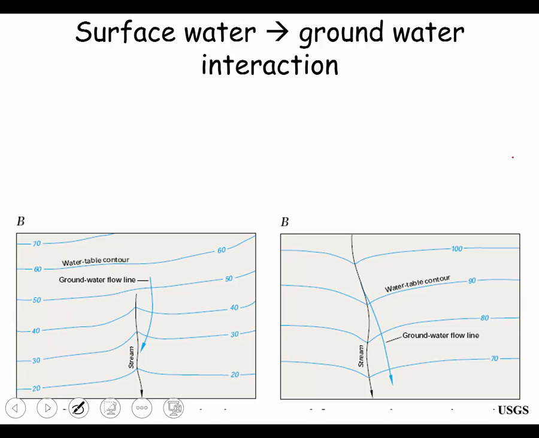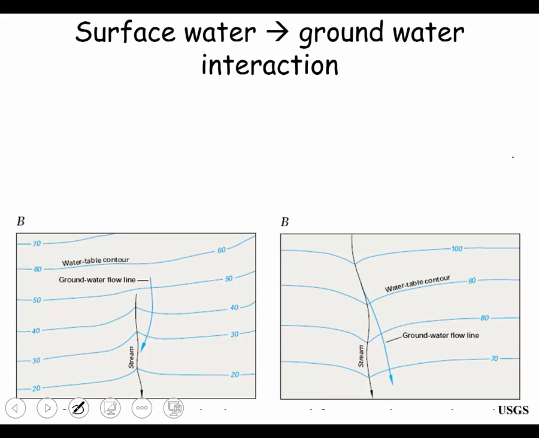So we can think of this as an energy map, with the highest energy being here, highest head, lowest energy here. Okay. So water will flow at right angles to those contours, because it's always going to take the steepest route down that energy gradient.